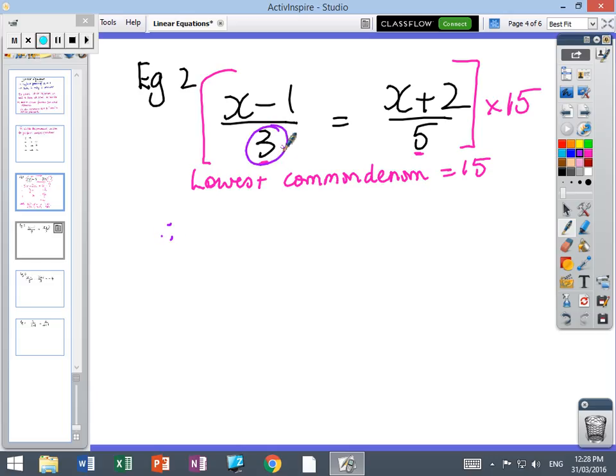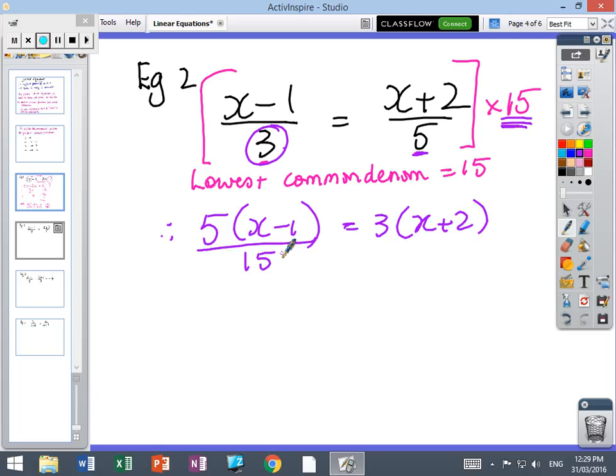So 3 into 15 goes 5. So that means I need 5 of the first number. And then 5 into 15 goes 3. So that means I need 3 of that. And technically, they're both sitting on top of 15. But then what we do is, if they're both sitting on the same number, they don't have to be there at all.